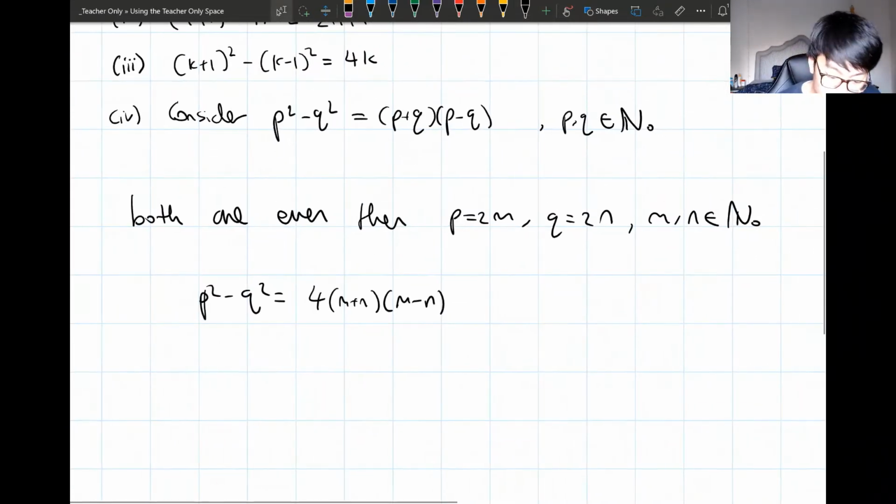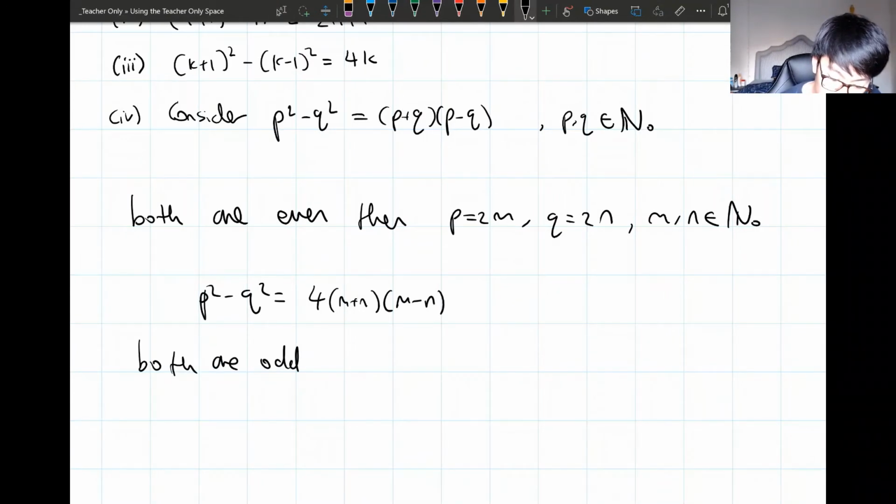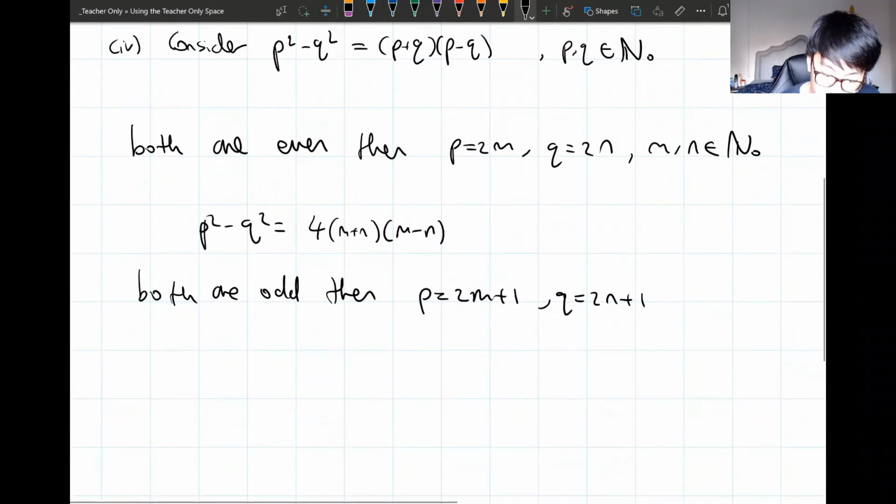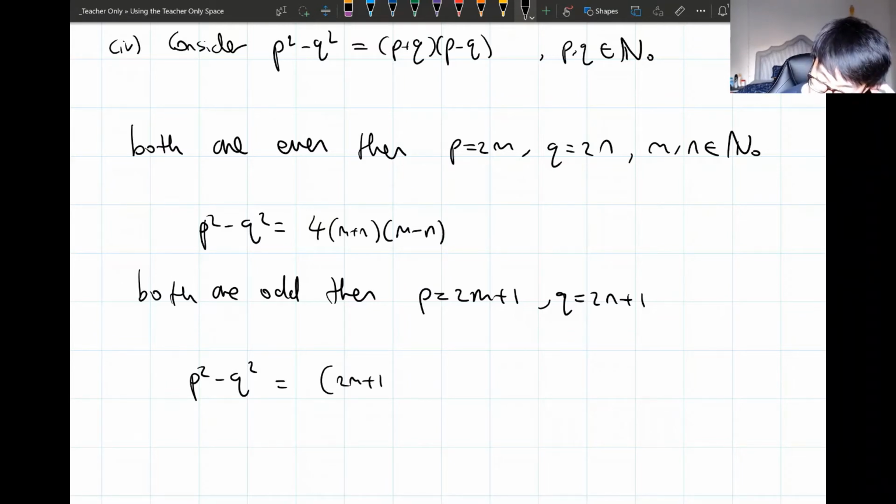Then similarly, suppose both are odd. With a similar setting, p is 2m plus 1, q is 2n plus 1, and then p squared minus q squared is equal to (2m plus 1 plus 2n plus 1) times (2m plus 1 minus 2n minus 1).